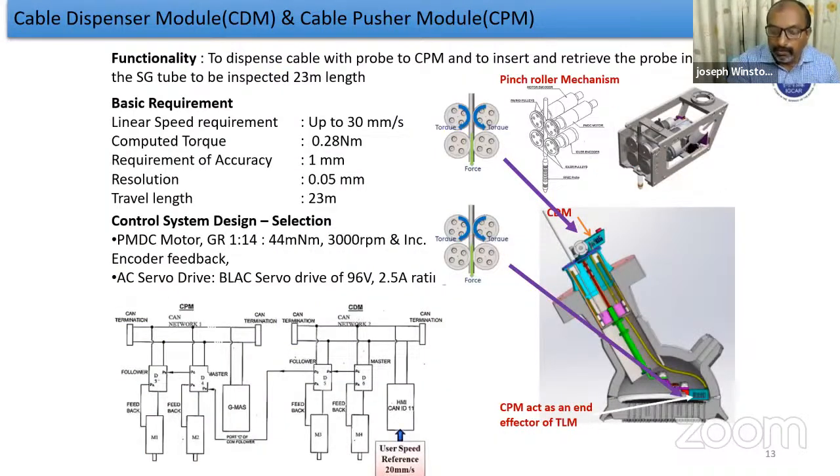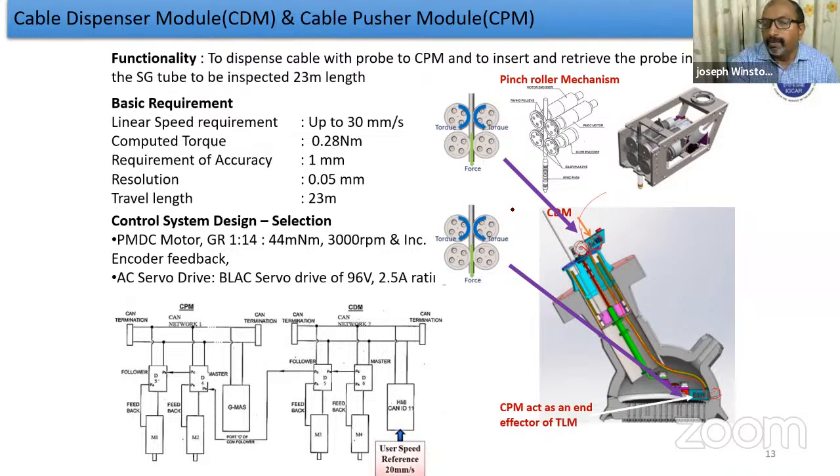Here you can see the complexity involved in the cable dispenser. The cable is drawn and then pushed into the tube here, and there is a sheath which takes it up to the end. Here there are two motors, and here also there are two motors running. Normally, when the traction force delivered is higher and the cable is not drawable, the cable slips.